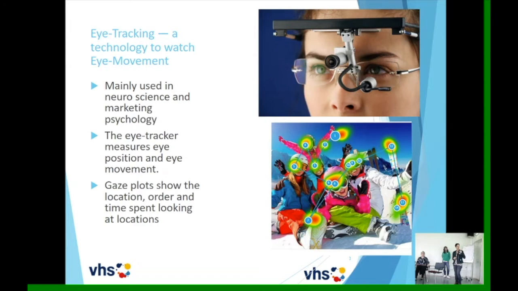Now, you use a camera. That means you have a camera that shows you where the person is looking at the screen, and then you have a camera that is watching the eye movement. And the result of this analysis are so-called heat maps. These are these points with the red inside.